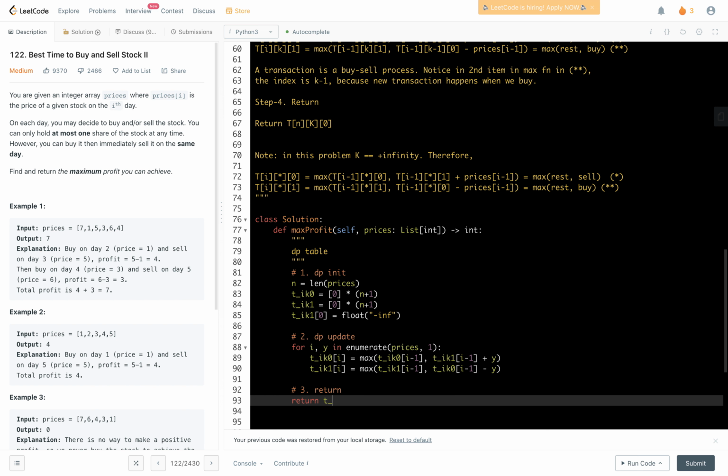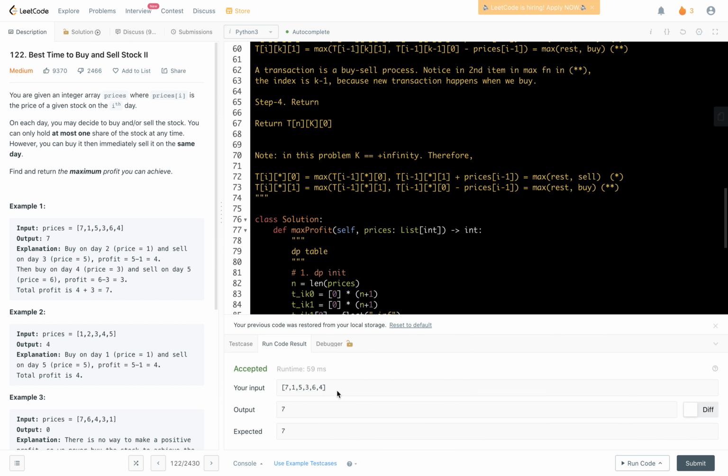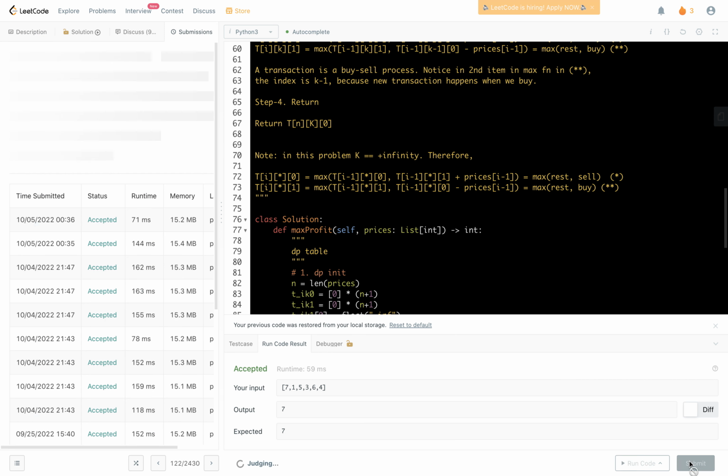So this finishes the DP update. Next we just need to return ti k 0 at minus 1. So this is a full format of solution based on the general idea for this series of problems. Now let's look at some checks.